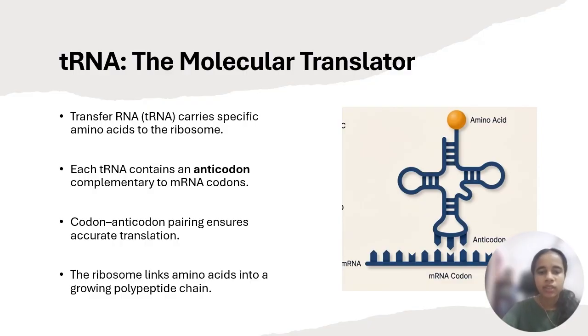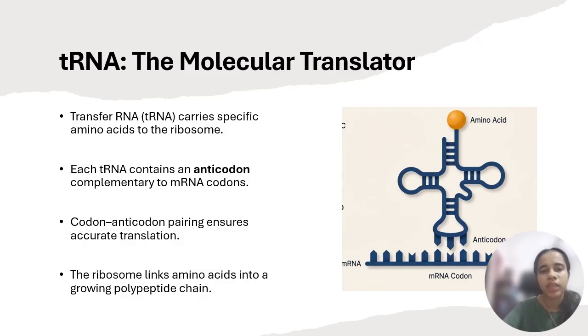It also has an anticodon, which is the complementary sequence to the codon on the mRNA. When the anticodon pairs with the codon, the correct amino acid is positioned in place. This ensures that the protein is built accurately, one amino acid at a time.